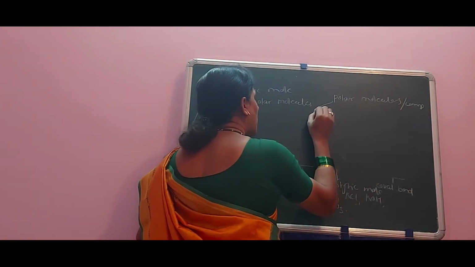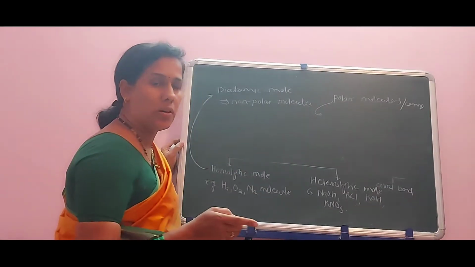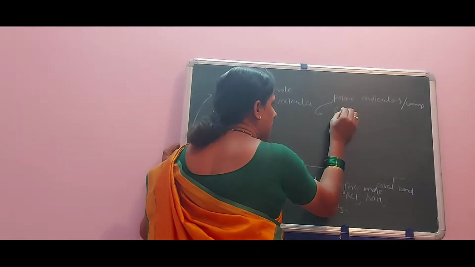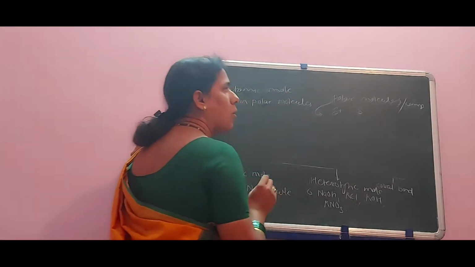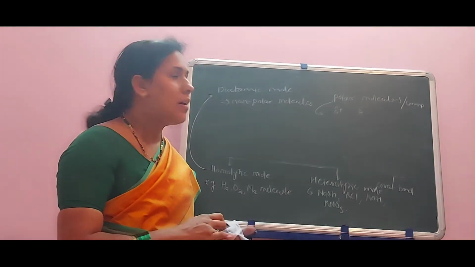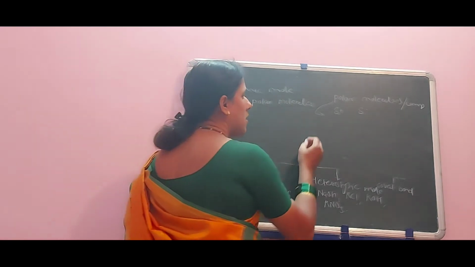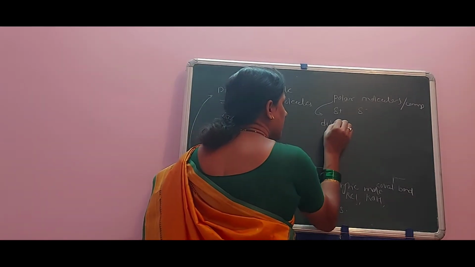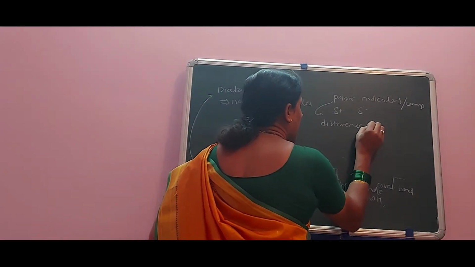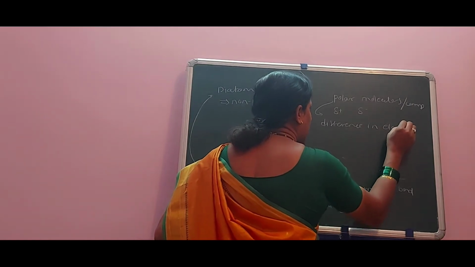Now the polarity, delta plus and delta negative, is developed over the atoms of the molecule due to the difference in electronegativity.